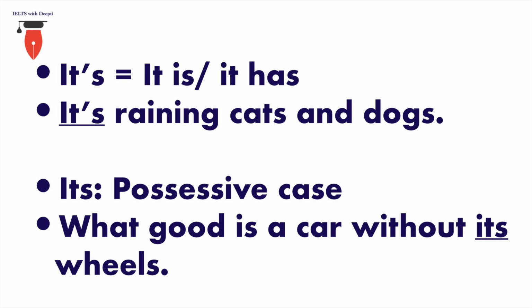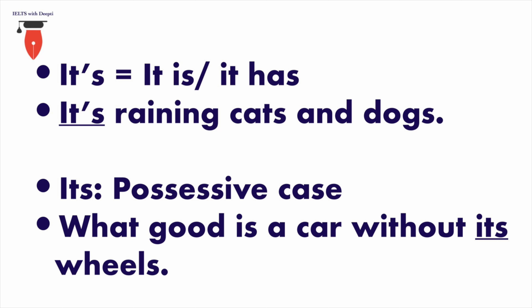Usually in English you will see that many words can get shortened like this. For example, instead of they are, we may end up saying they're. Instead of saying I am not, we may end up saying I ain't. Similarly, it is or it has is also shortened to it's, but the apostrophe is important here.